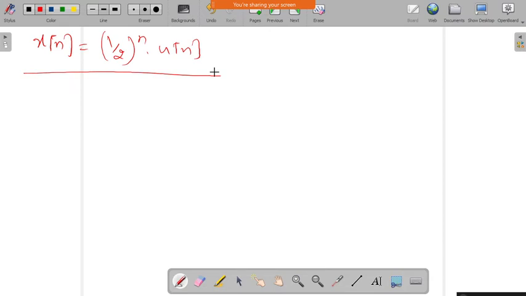Find out whether it is an energy signal or power signal. Is it an energy signal?